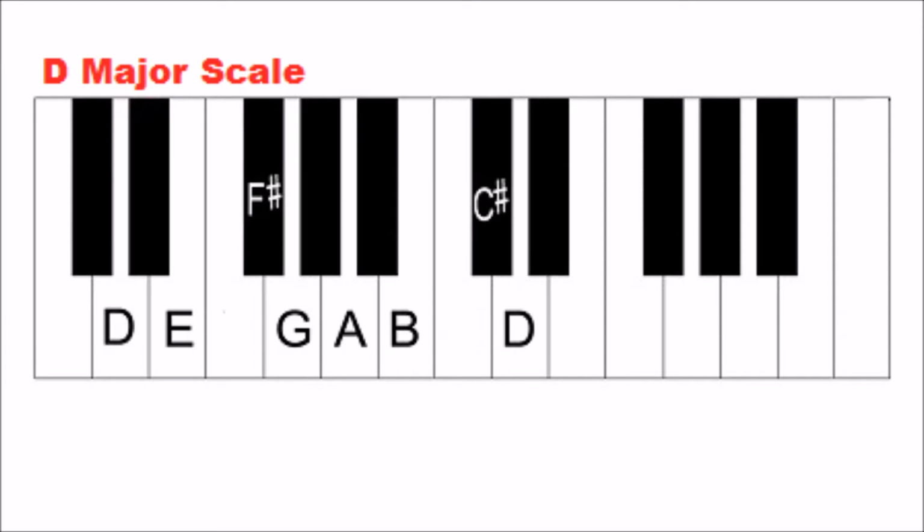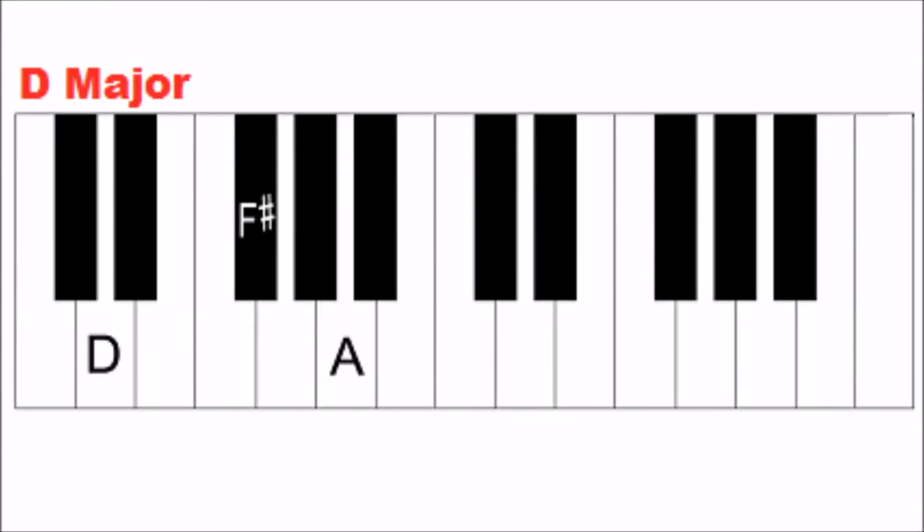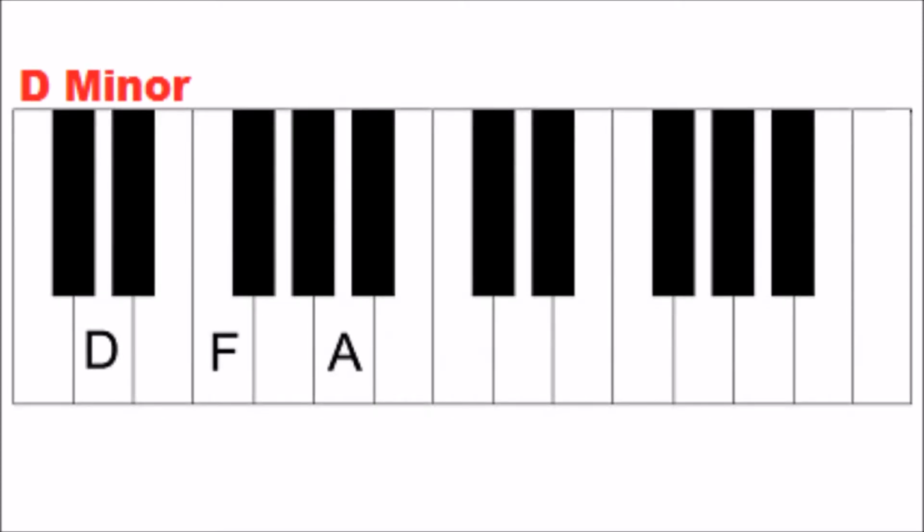This one is quite obvious because we are in the key of D major. It has to be a D major chord. Furthermore, it cannot be a minor chord because the notes of the D minor chord are D, F, and A, and F is not in the D major scale.